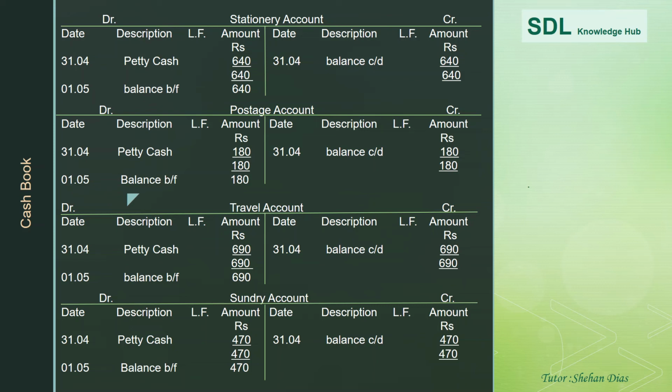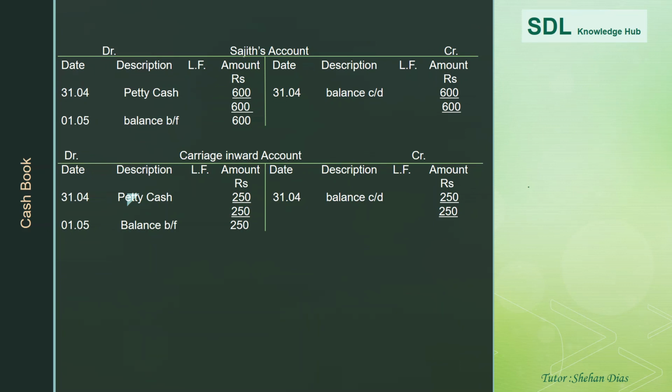In the same way, the postage account is also recorded based on the total of 180 as petty cash on the last day of the month and then we balance the postage account. Similarly, the other two analysis accounts, travel and sundry, can also be recorded in the same way and balanced.